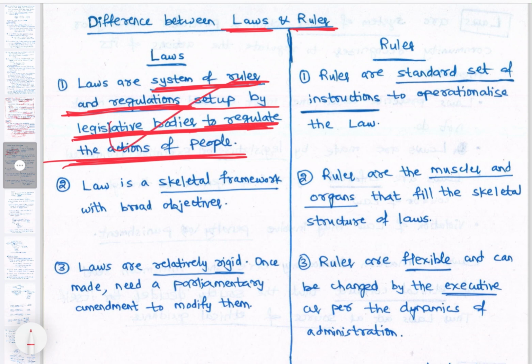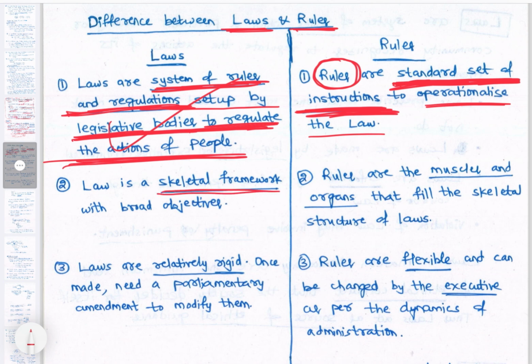And rules are a standard set of instructions to operationalize law. To operationalize and function well, rules are framed for the law.